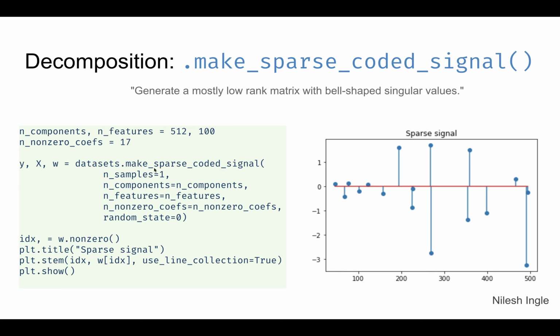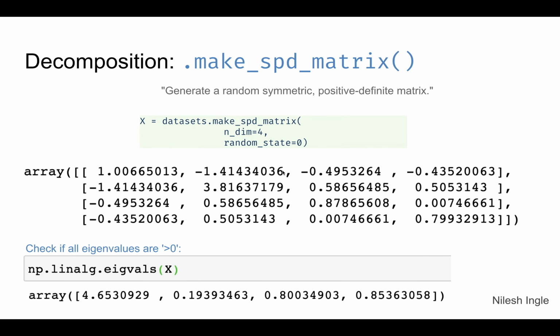The code would be make_sparse_coded_signal. Then we have make_spd_matrix, a symmetric positive definite matrix, and this is the code for that, and this is the example matrix created.